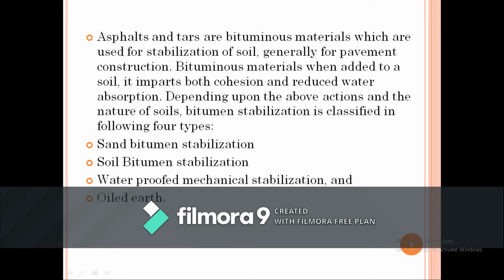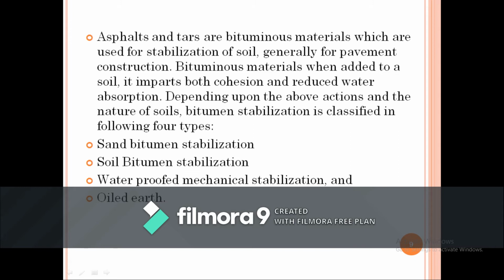One is sand bitumen stabilization, next is soil bitumen stabilization, third one is waterproof mechanical stabilization, and the last one is oiled earth. These are the 4 types of stabilization that we do with the help of bitumen. One is when you are using it with sand, the next when you are using it with soil, the next is waterproofing mechanical stabilization, and the last is oiled earth.